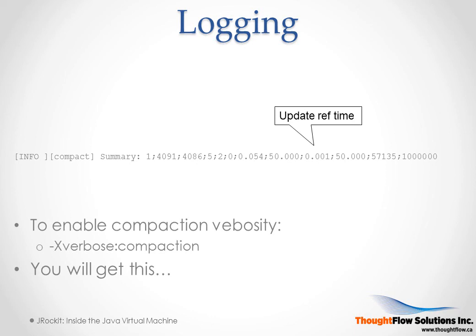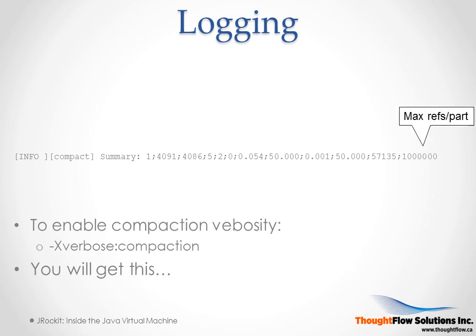The amount of time that was spent updating the references, the limit that we have for that, and the number of references in this part, which is 57,000 objects in this case, and we configured the JVM to have 1 million max. So that means that basically we want to update as much as possible.